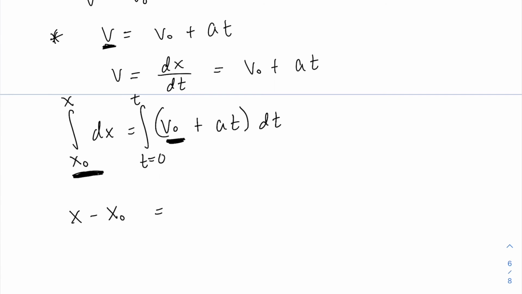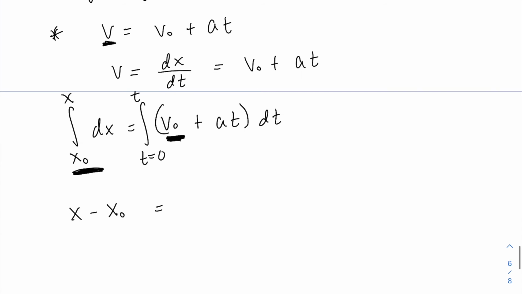On the right side, we're going to do the integral of v naught, which is a constant. It could be 0 or it could be any number. The integral of a constant is just that constant times the variable, so v naught times t, plus, technically there's a 1 up here, right? It's a times t to the 1.